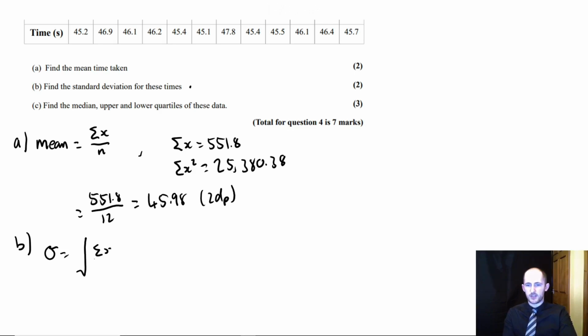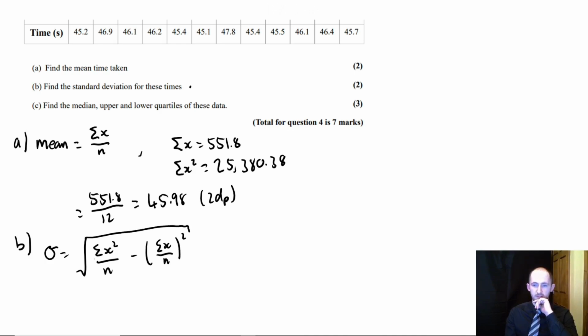So, standard deviation, if you don't have any kind of classes, it looks pretty much identical. If you don't have a class width, a class boundary, so a midpoint, then you just don't have the midpoint in here. So it's basically the same equation, okay? So subbing those in, that's our answer.